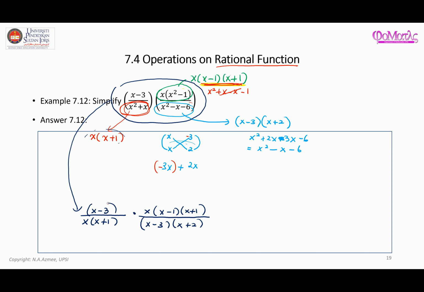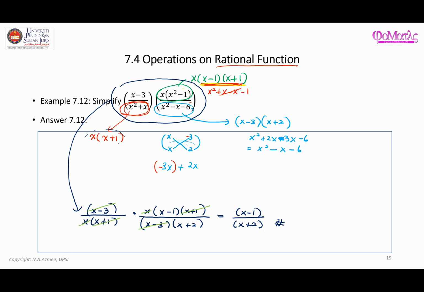Since this is a multiplication process, you can easily cancel this term with this term, x plus 1 with x plus 1, x minus 3 with x minus 3, and finally the whole expression is reduced to x minus 1 over x plus 2.